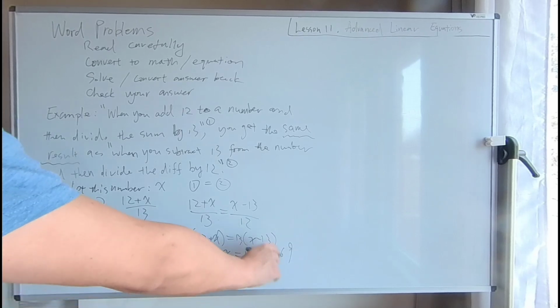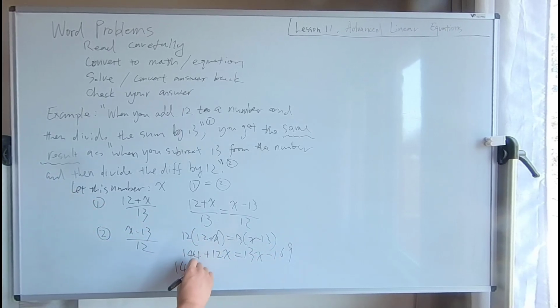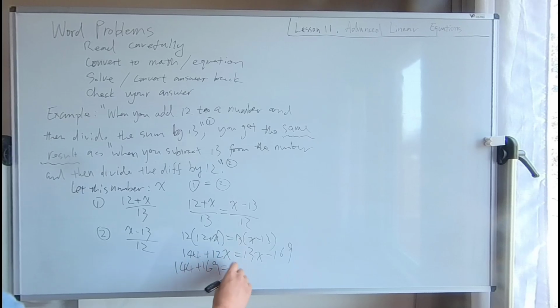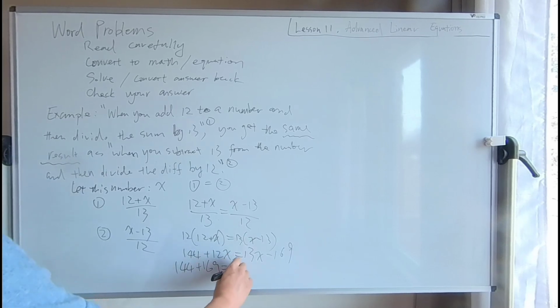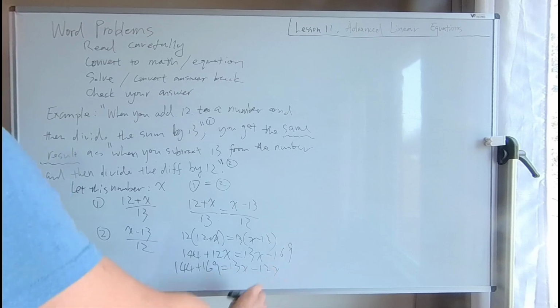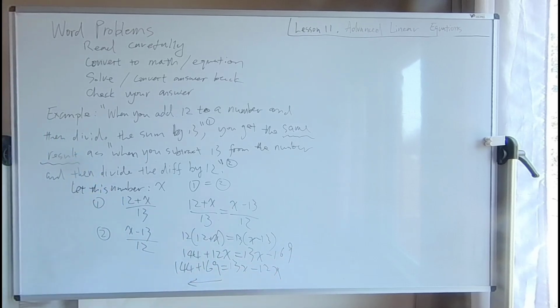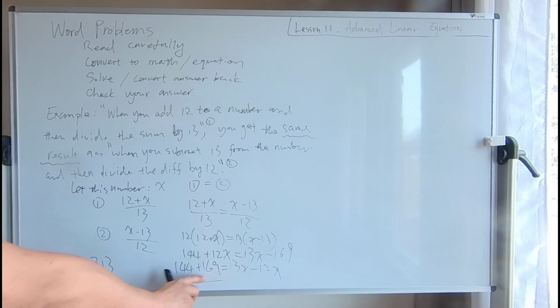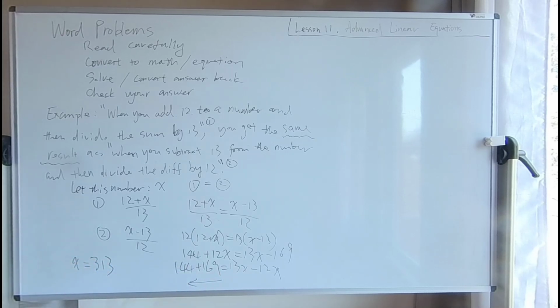Moving this around, I have 144 plus 169 is 13x minus 12x, which is just x. So x is 144 plus 169, which is, sorry, 313. So this is how I solve the equation. I got x equal to 313.